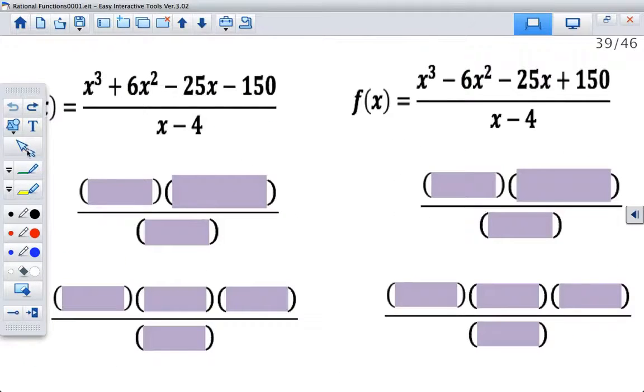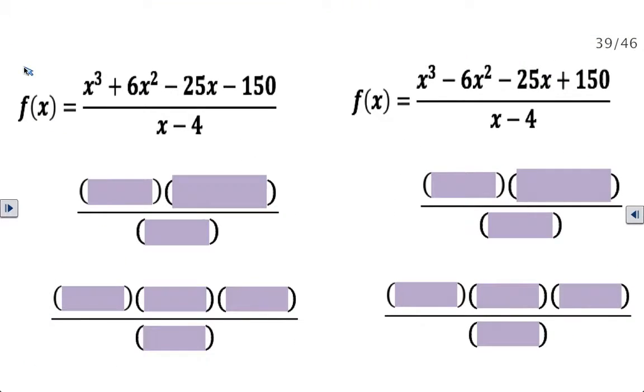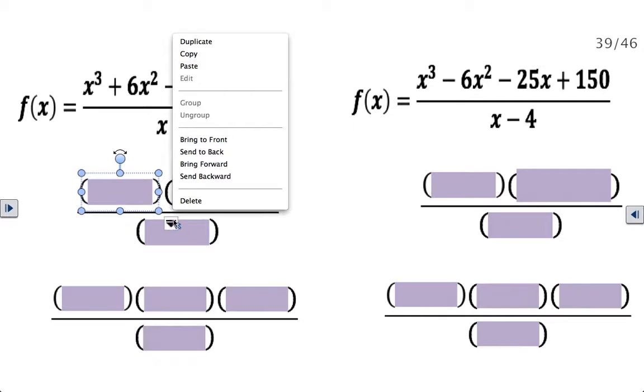Okay, this time our equations are much more complicated. We have a cubic function in the numerator, linear function in the denominator. Again, we still need to factor as much as we can. With this type of problem, whenever you have something like that, see if you can group your terms.